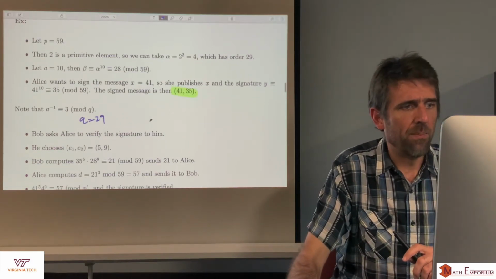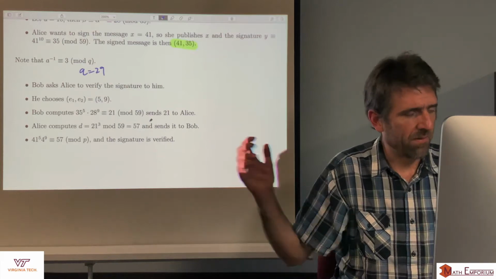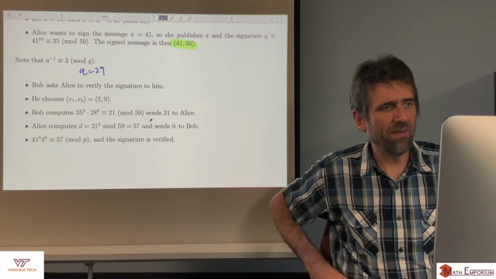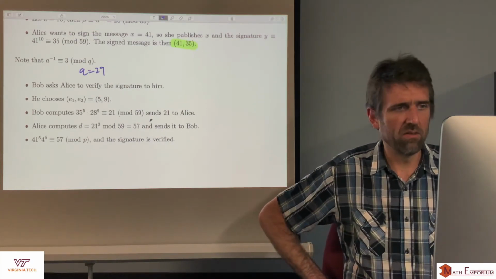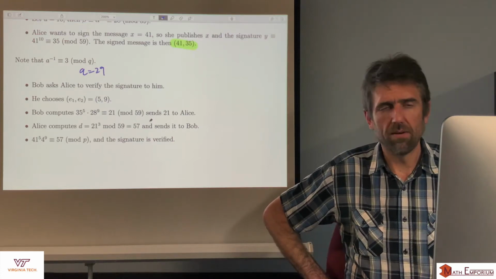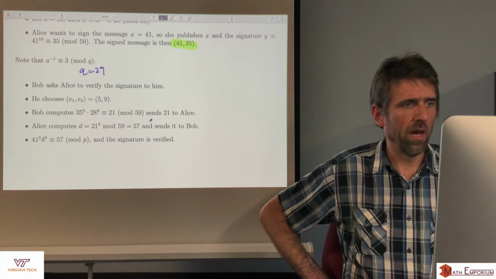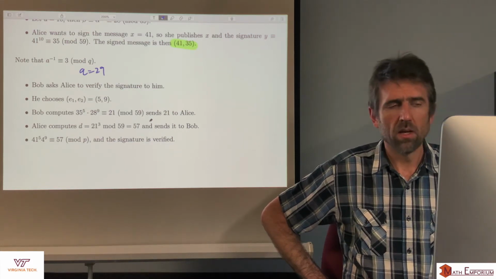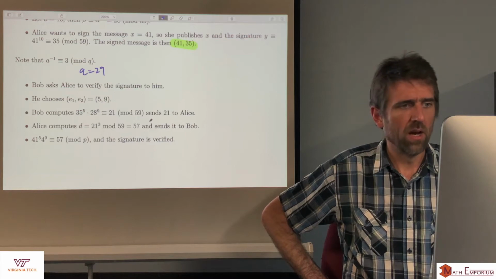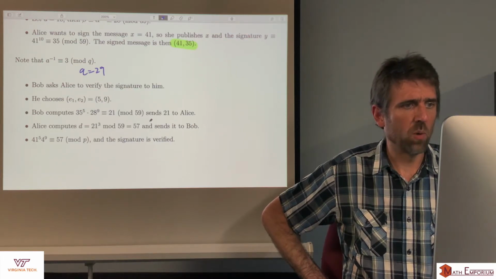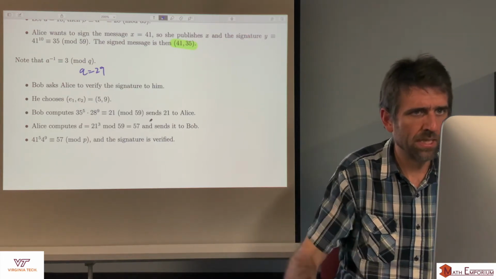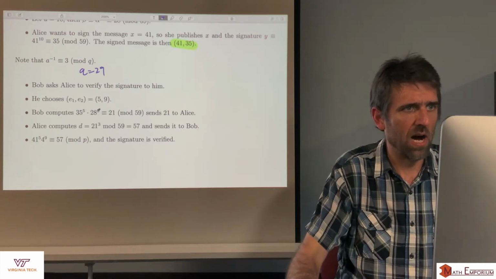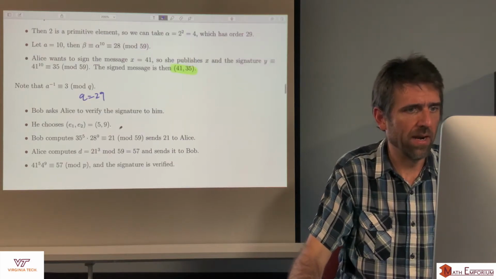Okay, so now finally, time comes for the signature to be verified. Bob's asking Alice to go through the verification protocol, and the choice of exponents E1, E2 will be 5, 9. So Bob computes 35 to the 5 times 28 to the 9, because this is Y and this is beta.